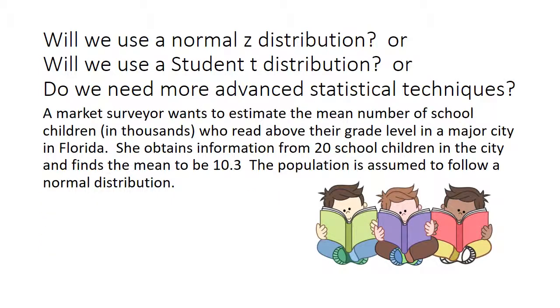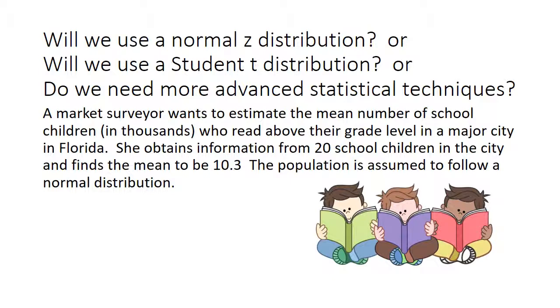All right. Again, a normal Z distribution, a student T distribution, or do we need more advanced stuff? A market surveyor wants to estimate the mean number of school children in thousands who read above their grade level in a major city in Florida. She obtains information from 20 school children, so our N is 20, in the city and finds the mean to be 10.3.